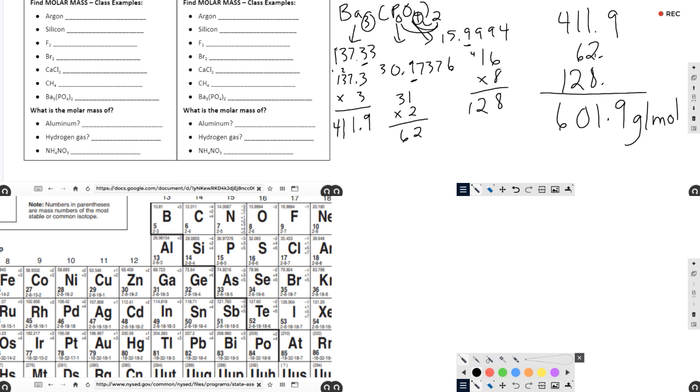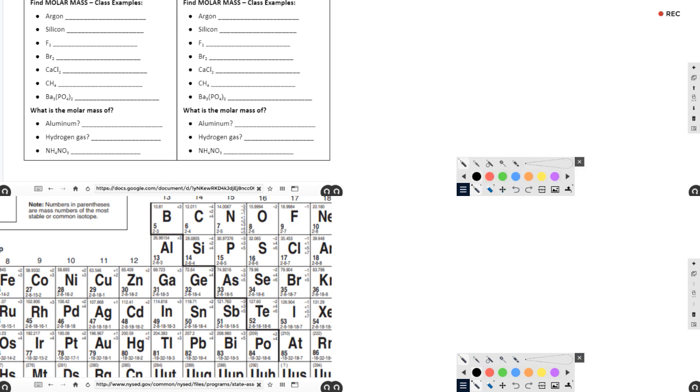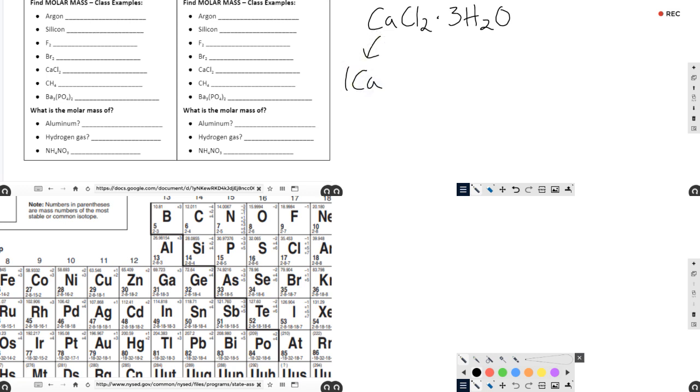Whew, okay. Let me just show you one thing that is not a question on this part, but I still want to show you, all right? So if you had a hydrate, so if I just write a random formula, you would do it the same way. I have 1 Ca, I have 2 Cls.